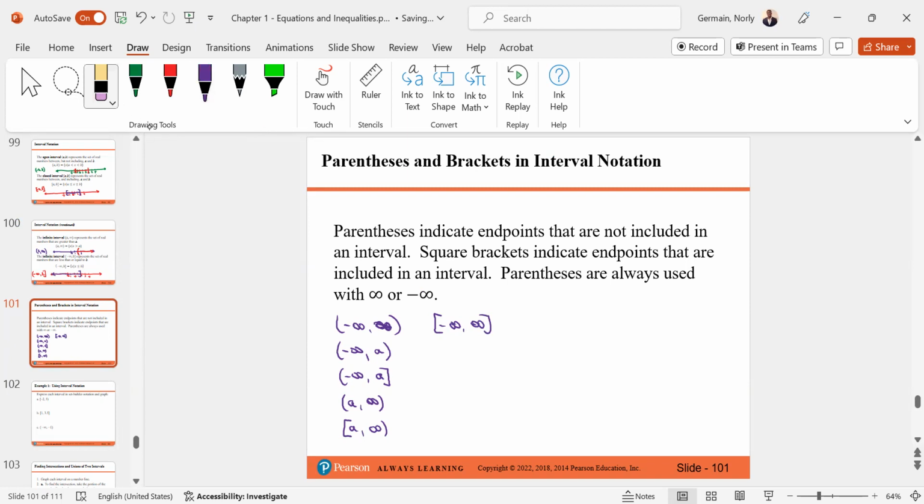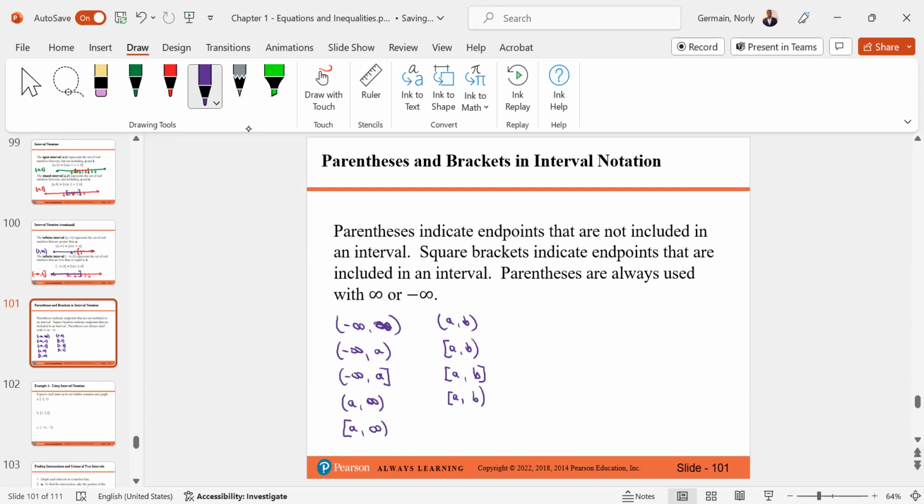So, in terms of notations, you can have (a, b), you can have [a, b], or you can have [a, b) and (a, b]. So there are different notations.